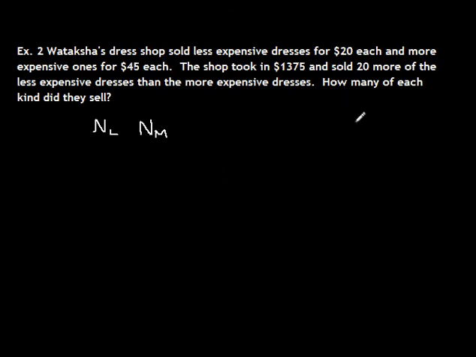So first, let's just do our value equation. Well, actually, let's do our number equation first. It says sold 20 more of the less expensive dresses than the expensive dresses. So the number of less expensive equals the number of more expensive ones plus 20. That has nothing to do with value, it's just the number of dresses. Now we're going to do our value one.